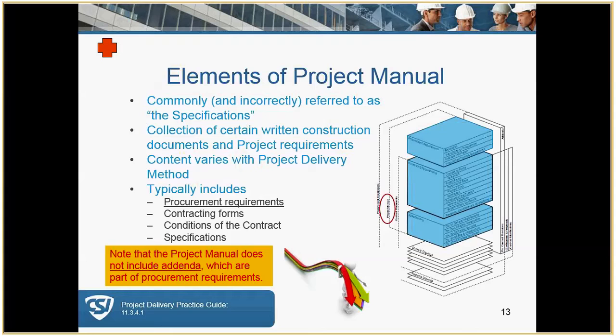So it's more than just the specifications, obviously. You're including the procurement requirements and the contracting documents. They do not include addenda, and it includes elements in procurement and contract documents. It's basically the book that's going to go out to bid, if you think about it that way.